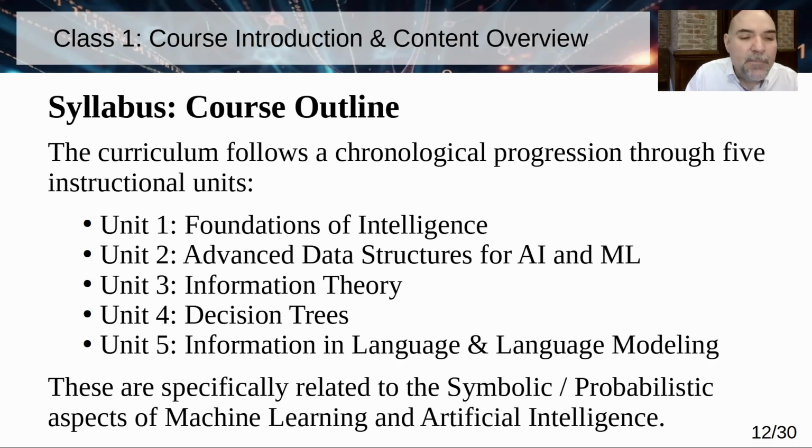Now, all of these things are specifically related to the symbolic and probabilistic aspects of machine learning and artificial intelligence. Next semester, it'll be more the biological, neurological models of artificial intelligence.